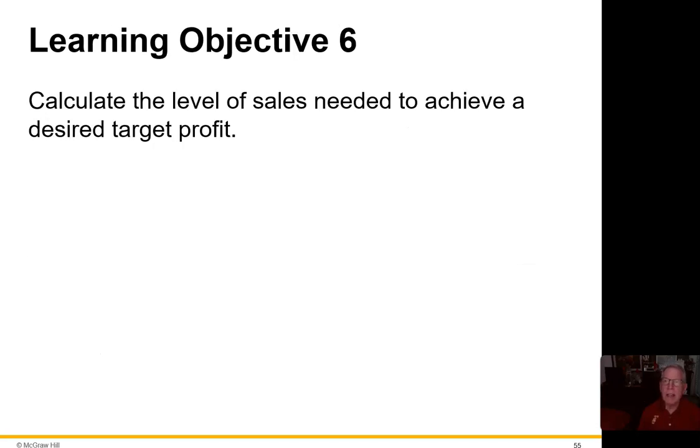Okay, now we're going to calculate the level of sales needed to achieve the desired target profit. This one's actually very easy. We're just going to add that target profit on top of our fixed costs and do the same formulas we did for calculating the break-even point in units and the break-even point in sales dollars.